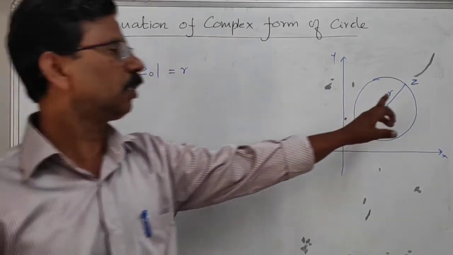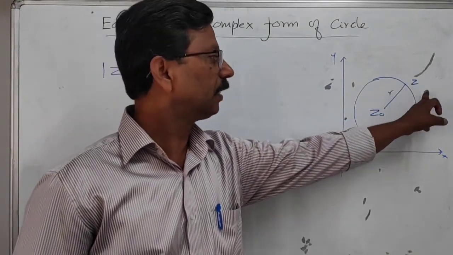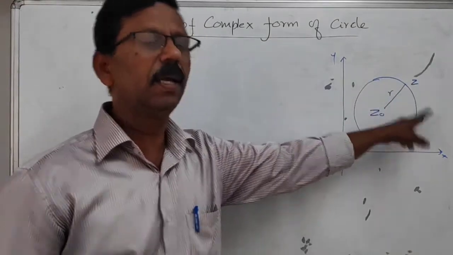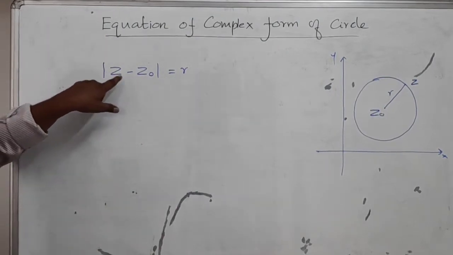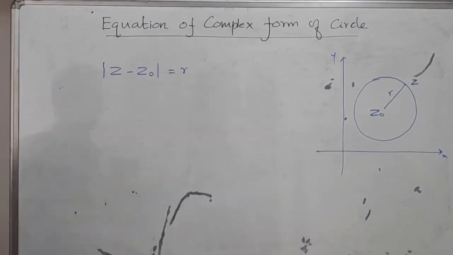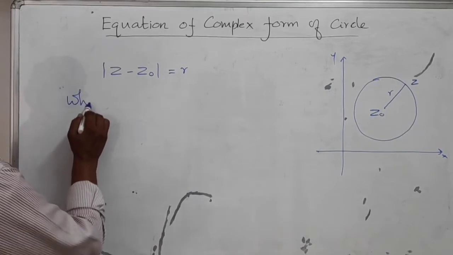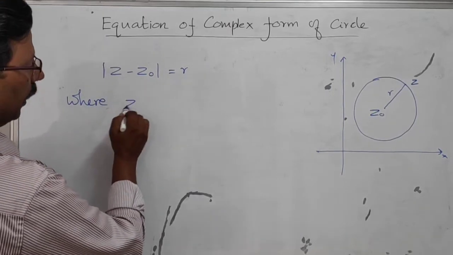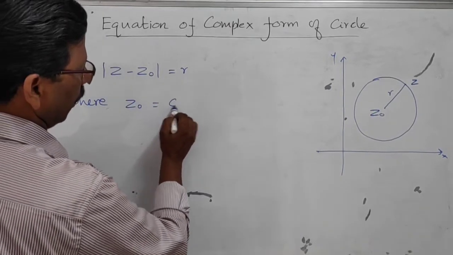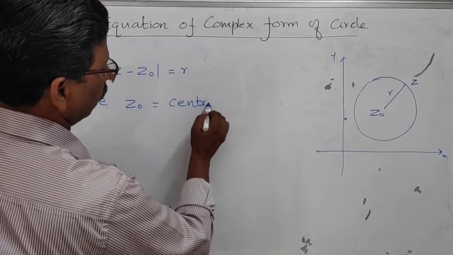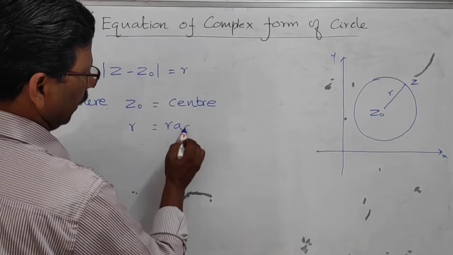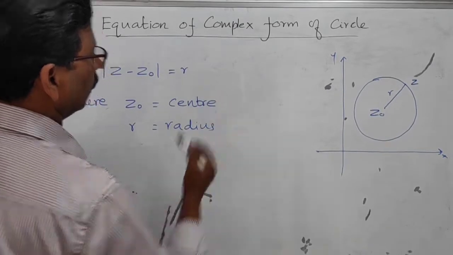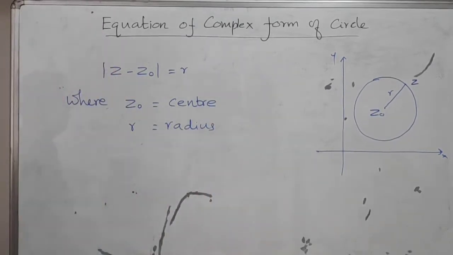That is, locus of this point z is nothing but a circle if it satisfies this condition: modulus of z minus z0 is equal to r, where z0 is nothing but center of the circle and r is nothing but radius of circle. Okay, these two things we should know.